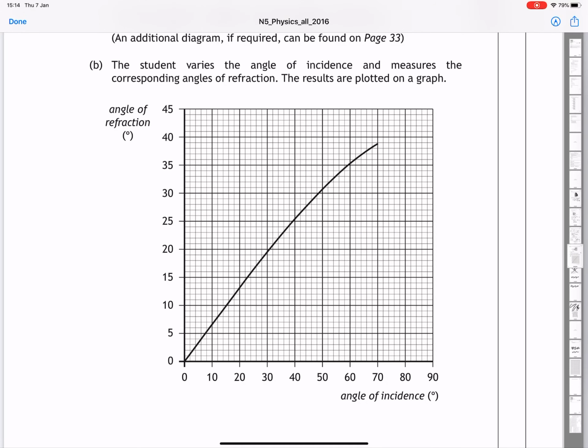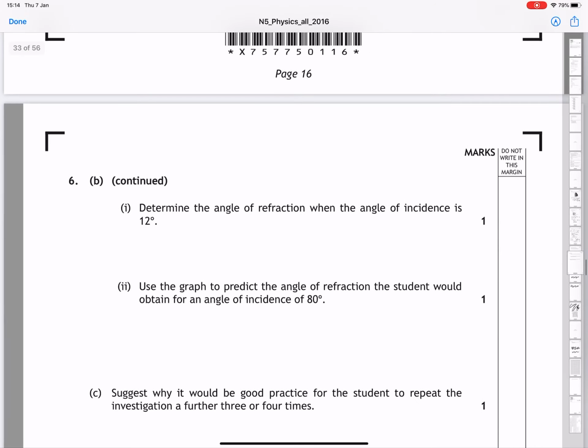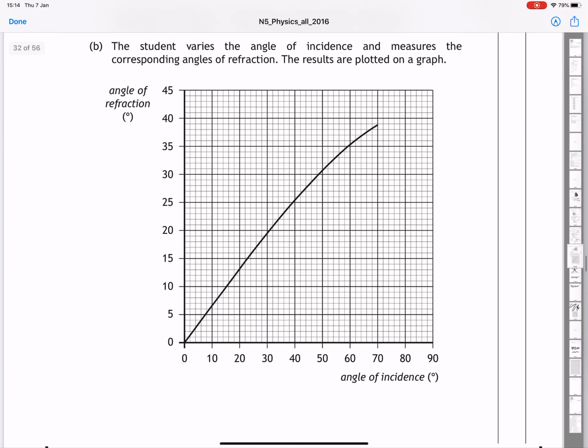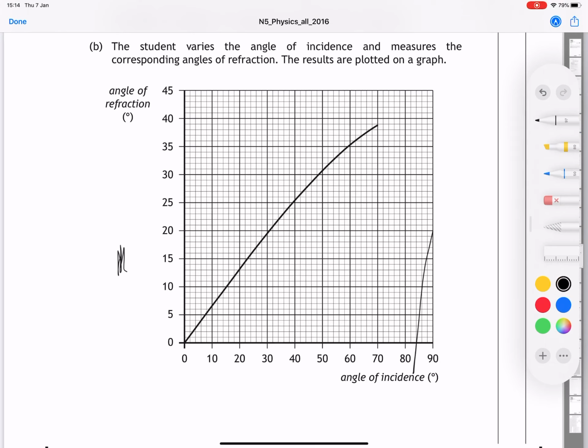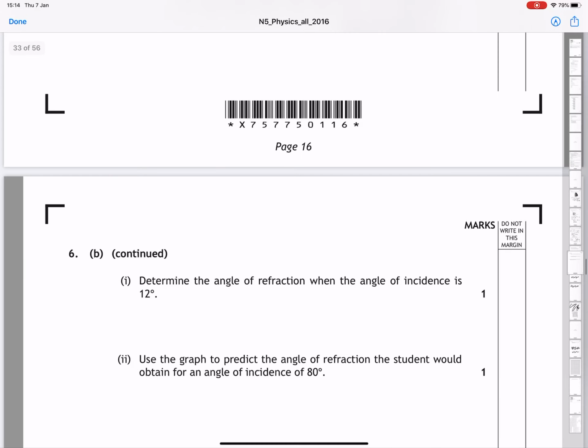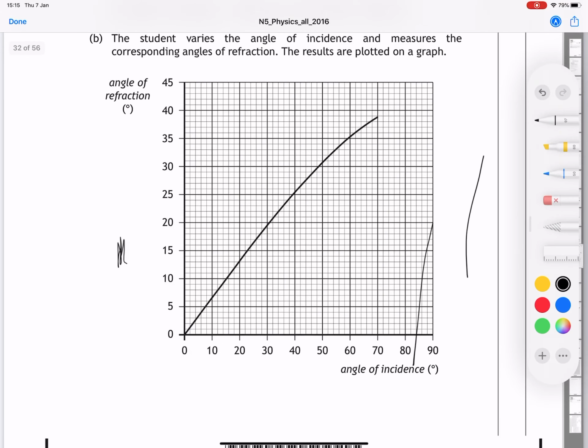Part B is involving this graph. It says determine the angle of refraction, which is this side, when the angle of incidence is 12 degrees. So we've got 10 here. Each of those blocks is worth 2, so this is 12 here. If we go all the way up and then all the way down, that's 2 blocks below 10.